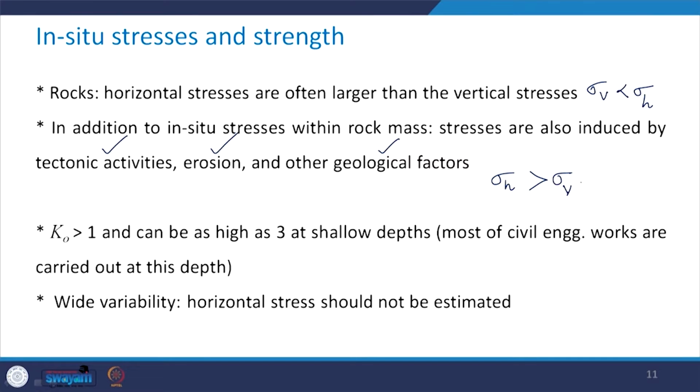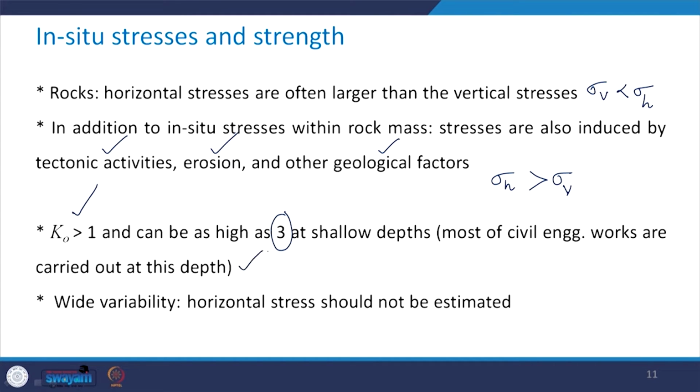In this case, as against the soil, K naught is greater than 1 and it can be as high as 3 at shallow depths, which are usually applicable in most civil engineering works. That is, most of the works are carried out at this depth only.